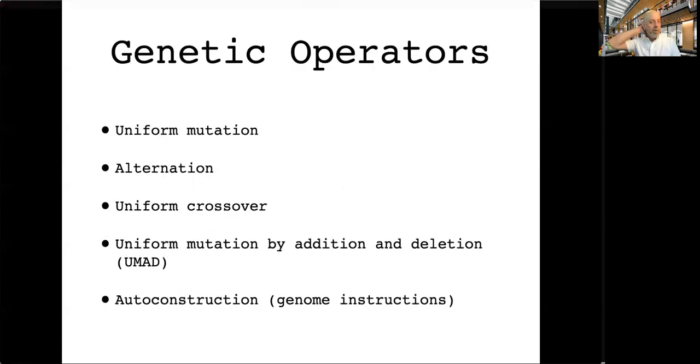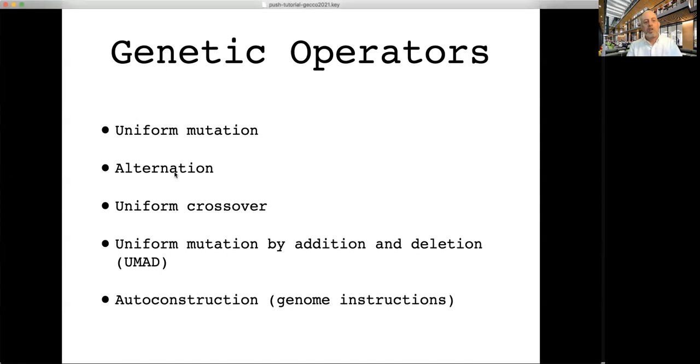Once you have linear representations, you can have a wide range of genetic operators that operate on them. Some of the ones that we routinely provide are uniform mutation, where with equal probability for each thing in the genome, you do or don't replace it with some newly generated item.